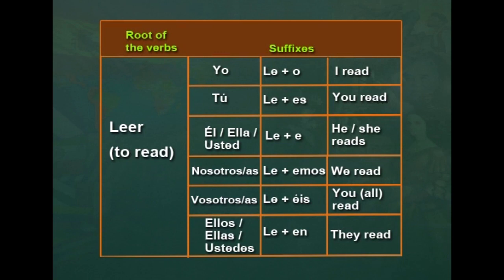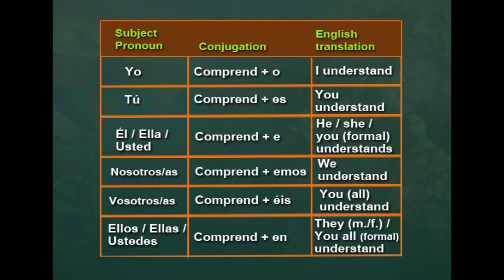Nosotros, nosotras leemos, we read. Vosotros, vosotras leéis, you all read. Ellos leen, ellas leen, ustedes leen, they read. All the regular ER ending verbs follow the same pattern, so another verb like comprender will be conjugated in the same way.